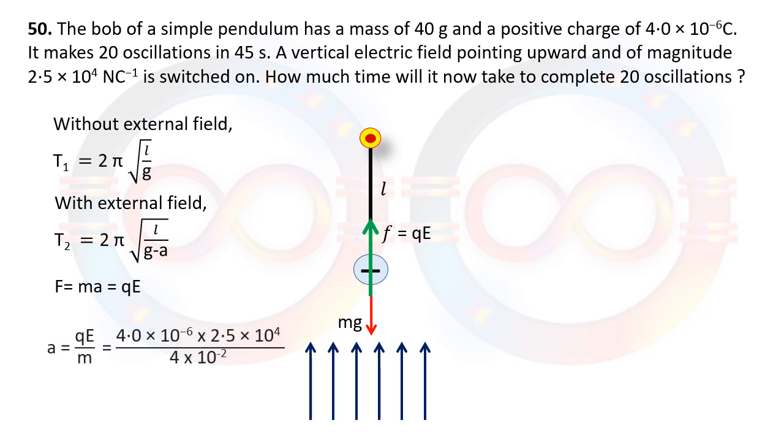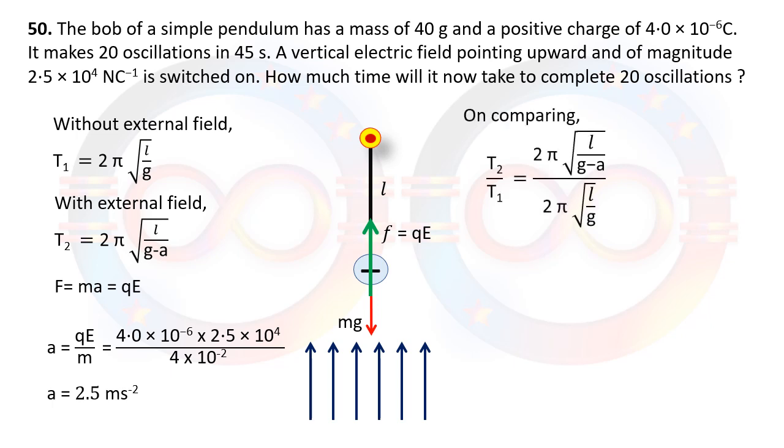So if we want to calculate a here, it is qE by m, and it is nothing but 2.5 meter per second square. Now let us take the ratio of T2 upon T1, because we have to calculate T2. 2 pi under root L upon g minus a upon 2 pi under root L upon g. So 2 pi gets cancelled, L and L will get cancelled.